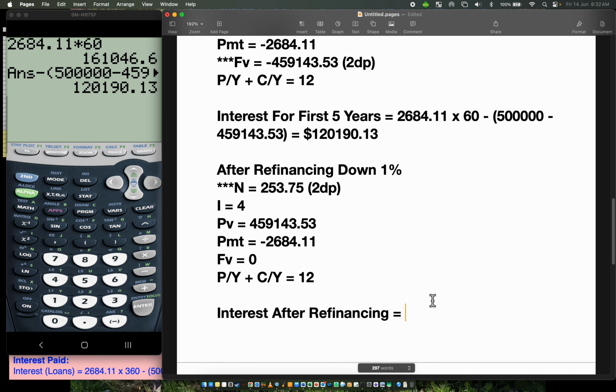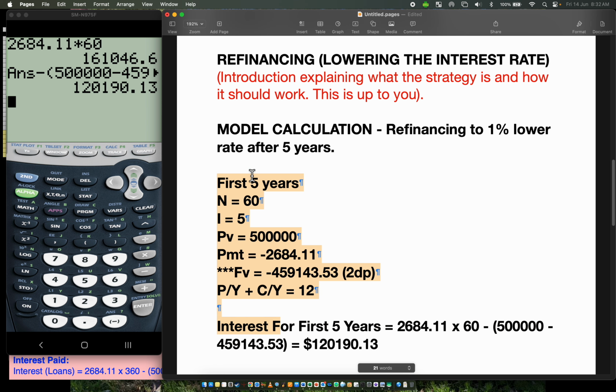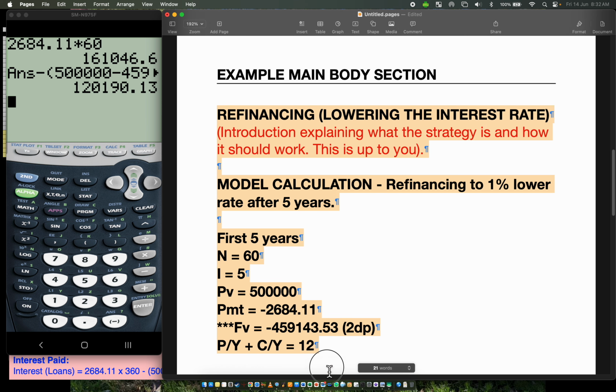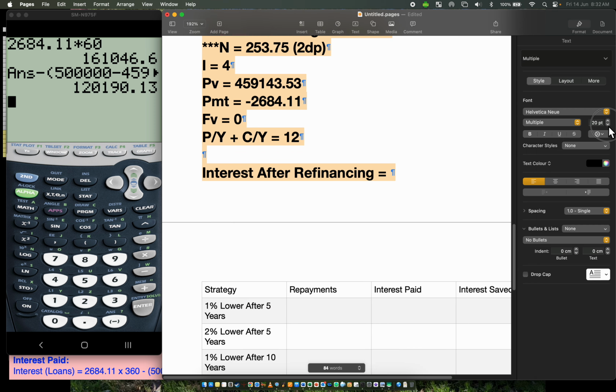And the interest after refinancing, this text is extremely large. Remember, the font is size 10, allowed by SACE, that's double that.